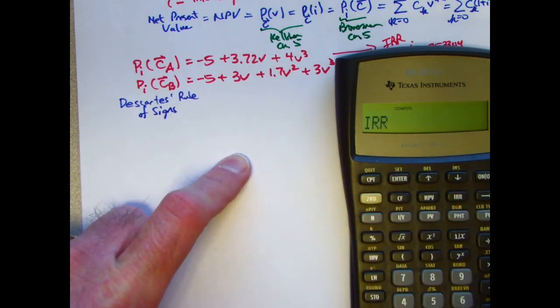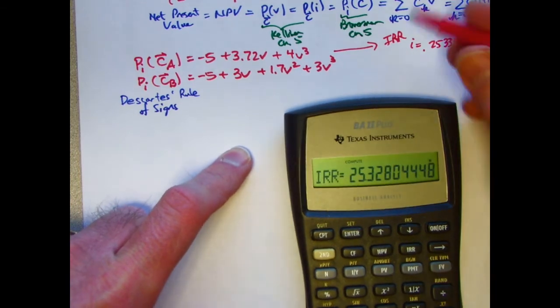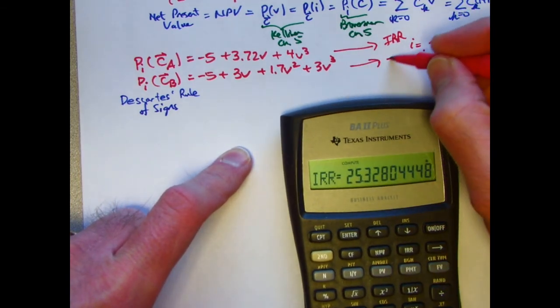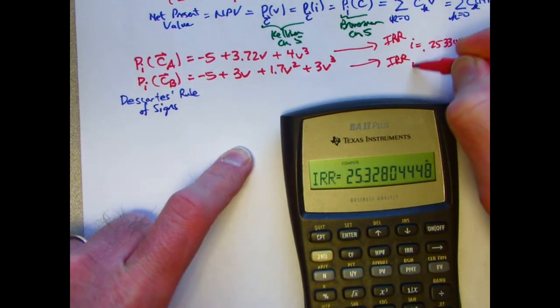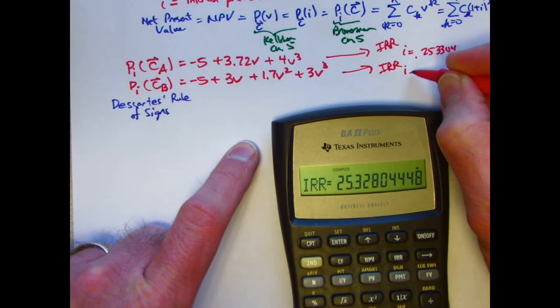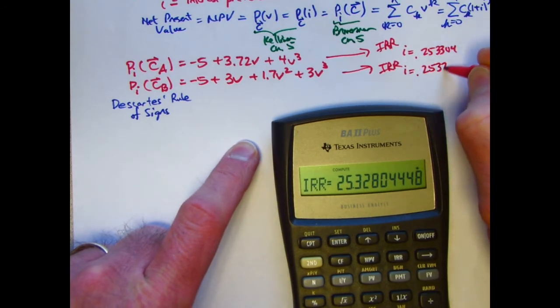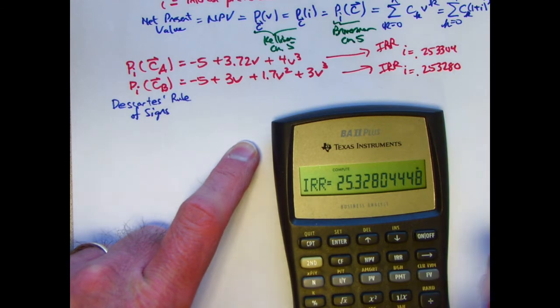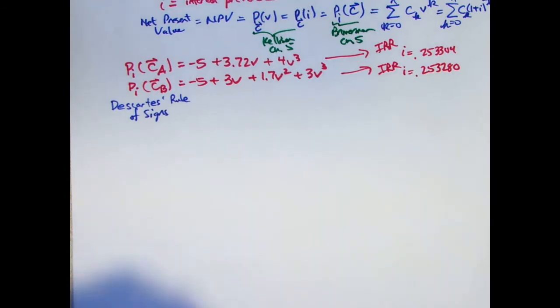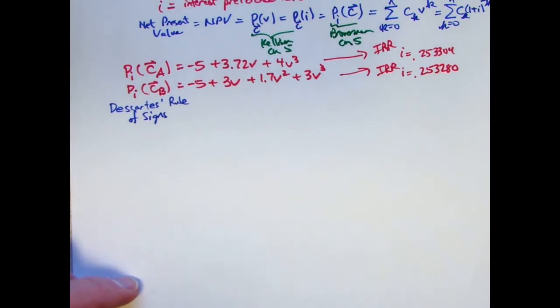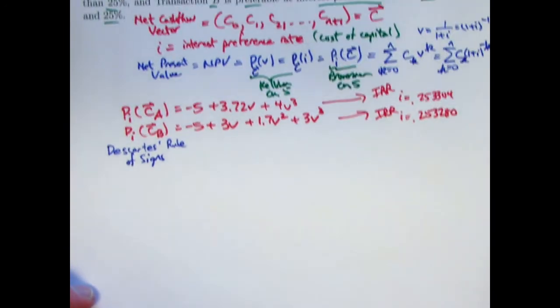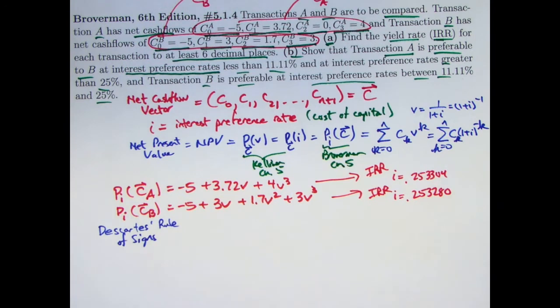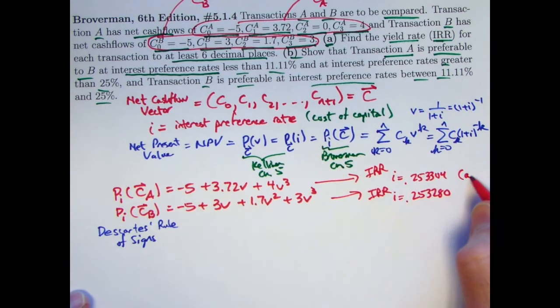IRR CPT. We get an IRR that's almost the same as the first one, a little bit smaller, 0.25328. Okay, so transaction A has a slightly higher internal rate of return than transaction B. And that answers part A.